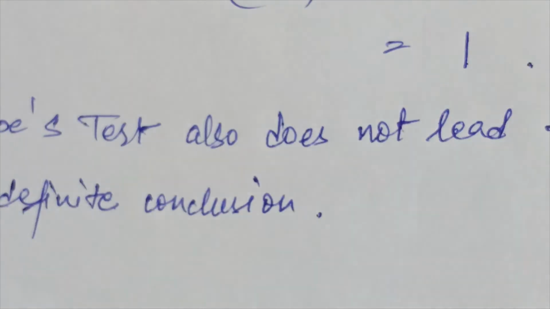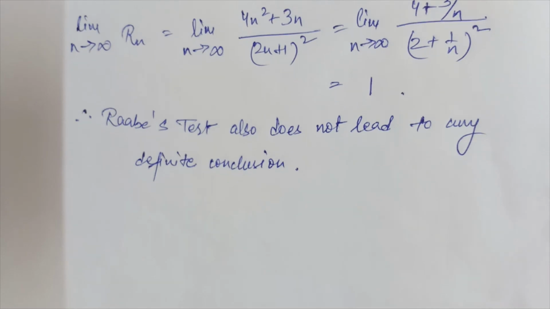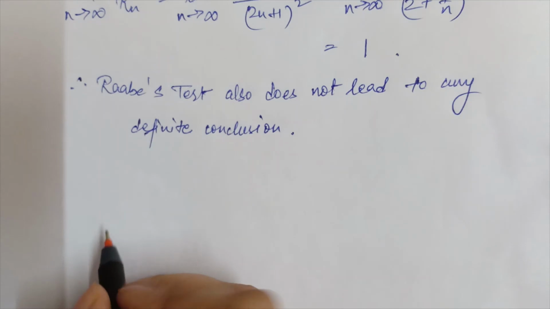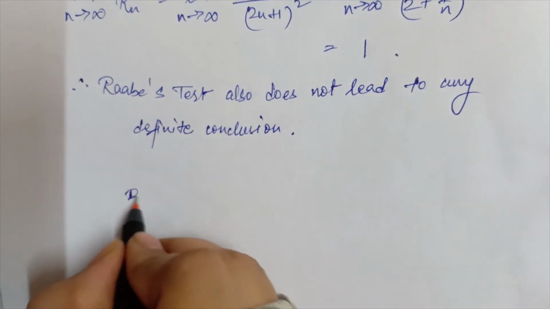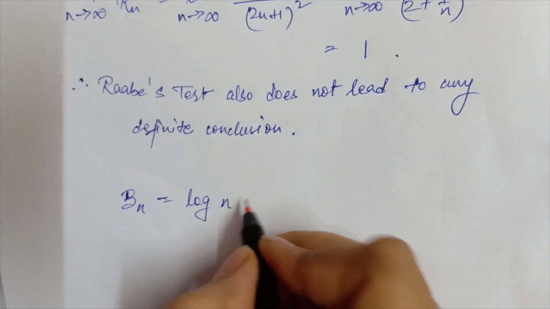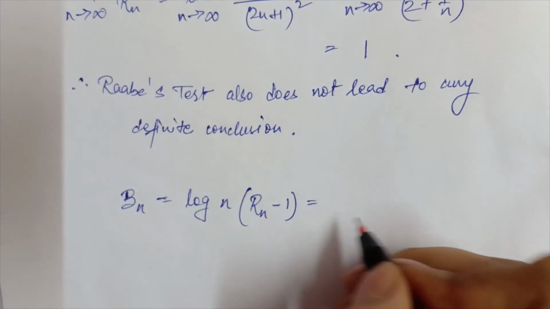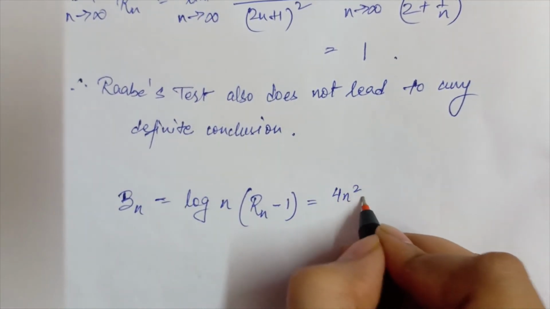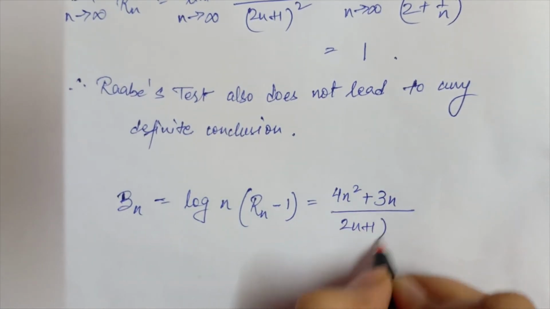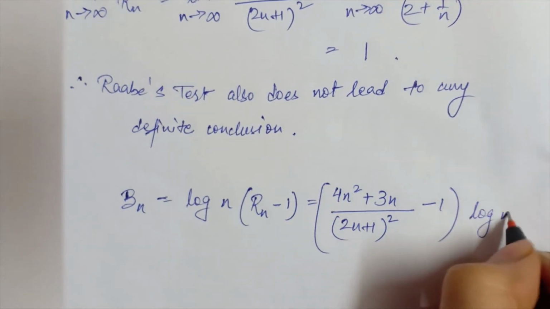Therefore, we need to head to the third step, which is De Morgan and Bertrand's test. For this, we need to find Bn, which equals log n into Rn minus 1 equals 4n square plus 3n by 2n plus 1 whole square minus 1 into log n.